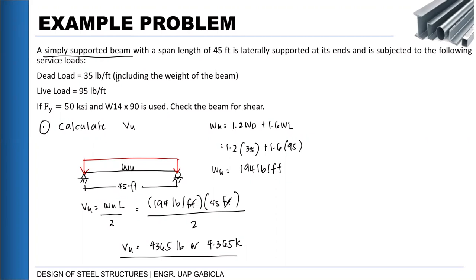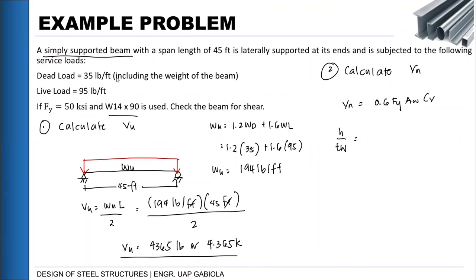Next is to calculate Vn. Okay? And Vn, as according to the formula, is 0.6 Fy Aw Cv. Pero we need to check first yung kanyang H over Tw. Okay? And our section is 14 by 90.